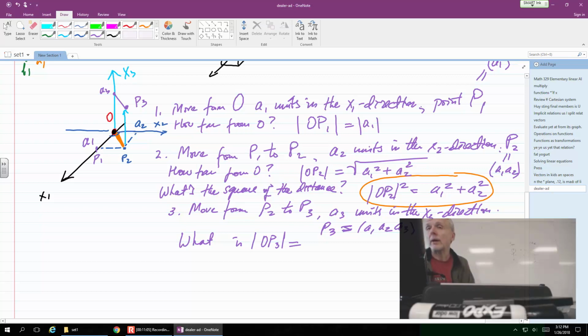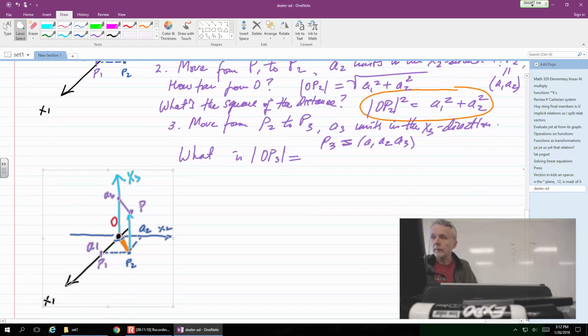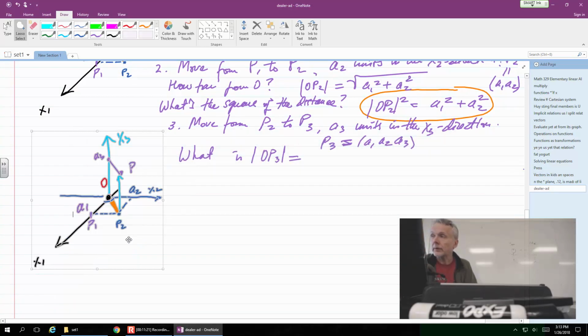So I'm going to take this picture and simplify it slightly, by which I mean removing stuff that might not be as important. P1, P2, as far as distance is concerned, the coordinates are really not important. This is not important anymore.